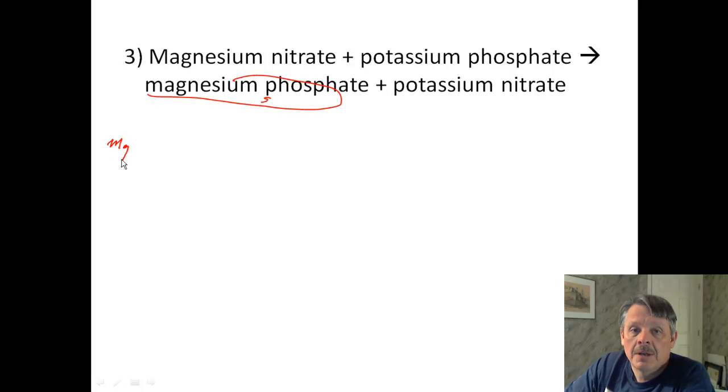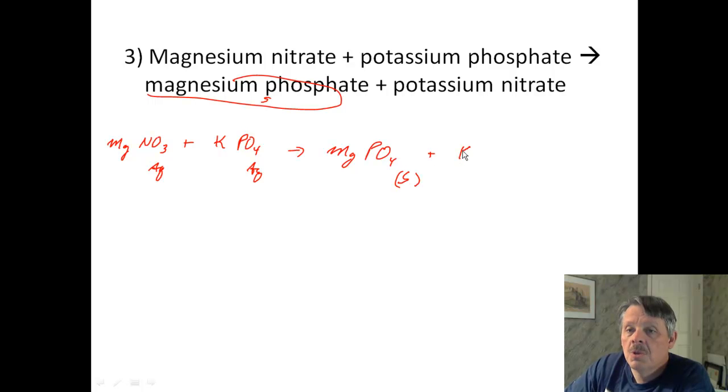So I've got magnesium nitrate, which is aqueous, and I'm adding to that potassium phosphate, which is aqueous, and I'm producing magnesium phosphate, which is solid, that's the key, plus potassium nitrate, which is aqueous. Right? And let's look and see what we have here to make sure that we can balance our equations.